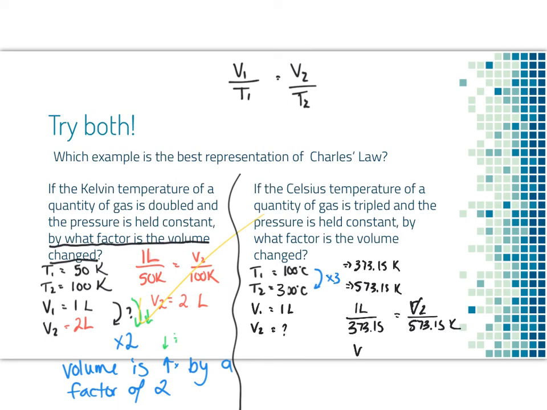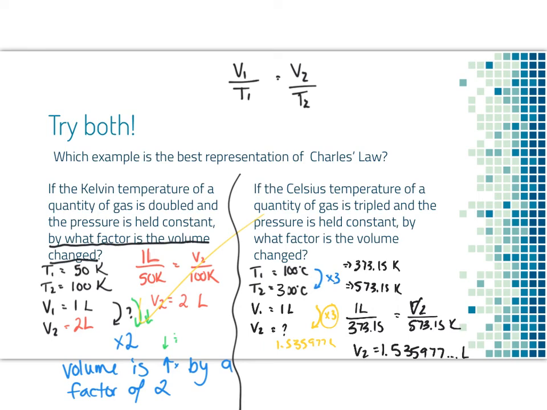And I get that V2 is equal to 1.535977 liters. Now, with Charles' law, we expected the volume to undergo the same change. That's what we were hoping for. But 1 to 1.535977 liters is not the same.